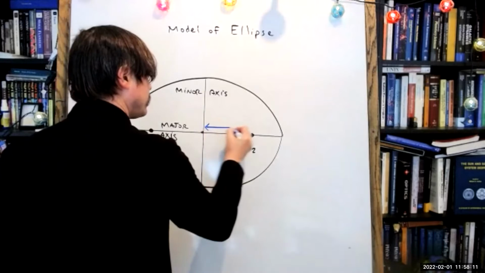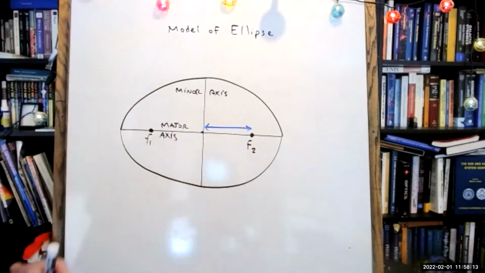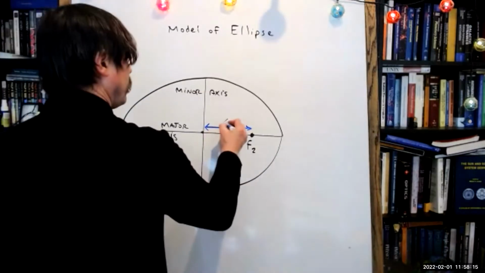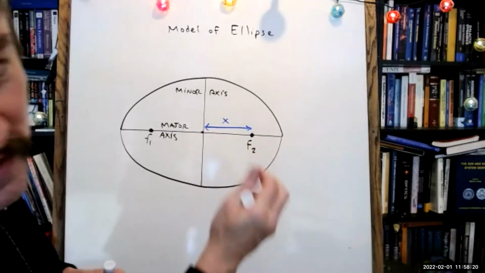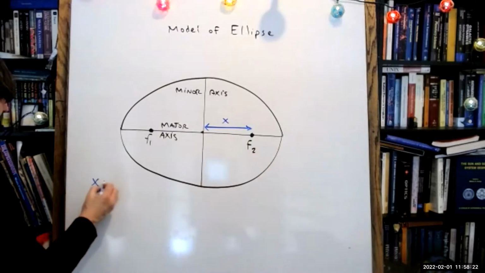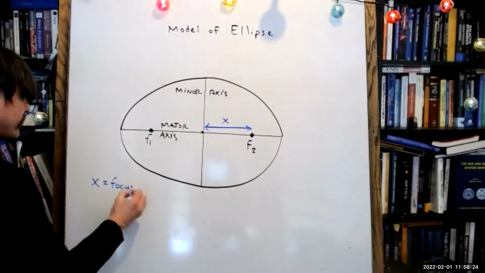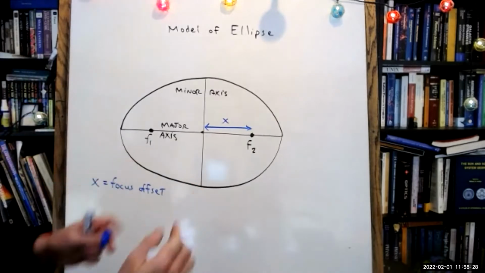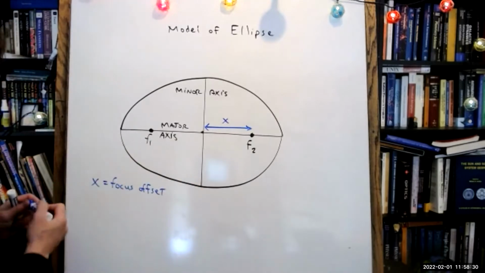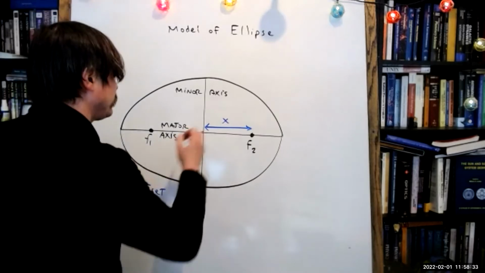The distance from the center to a focus point is called x. And x is sometimes called the focus length, or I like to call x the focus offset. It's how far the center is from the focus of the ellipse. And if you want, sometimes we just mark the center with a little c.